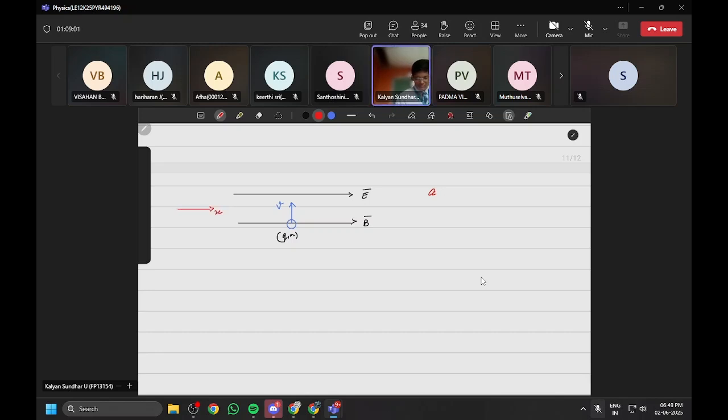X axis னு எடுத்துக்கிறேன். Let this be y axis, right? Now acceleration along the x axis will be qE by m. Correct? Now final velocity, your v along x will be equal to u plus qEt by m னு வரும். Right?